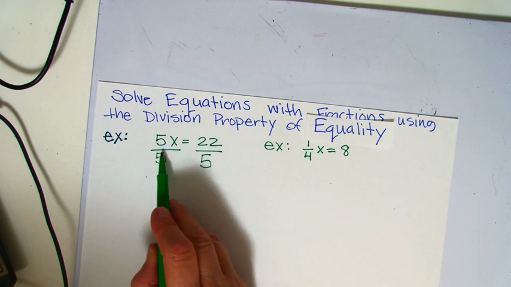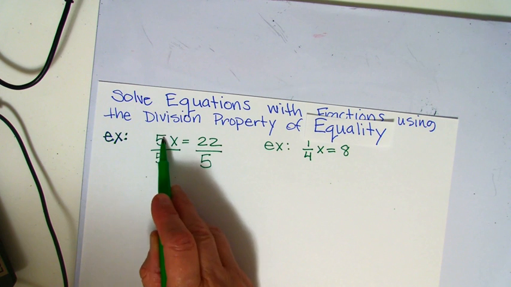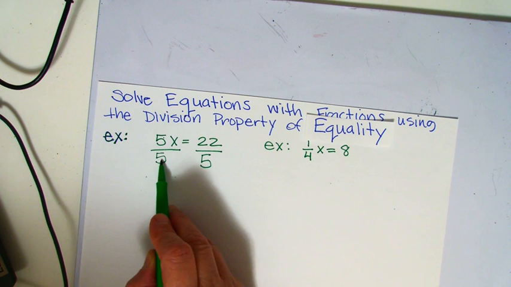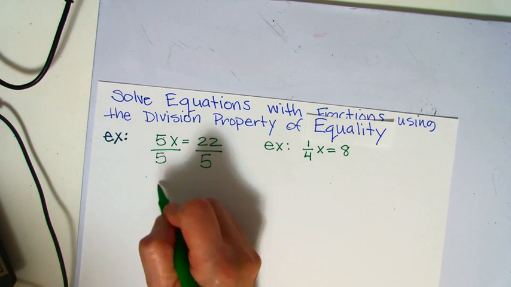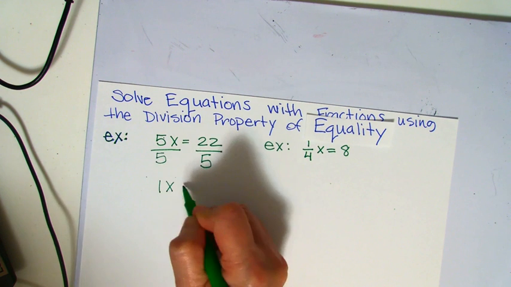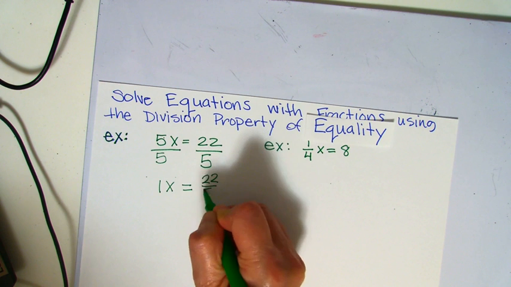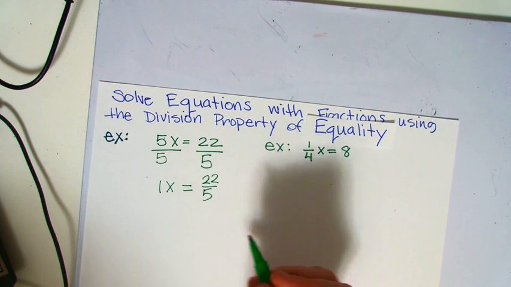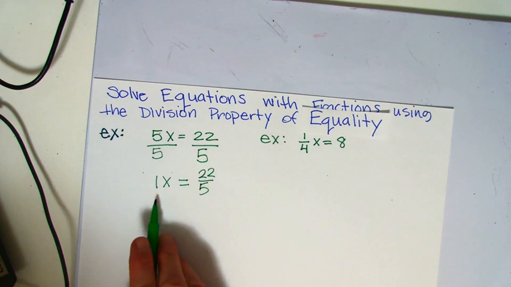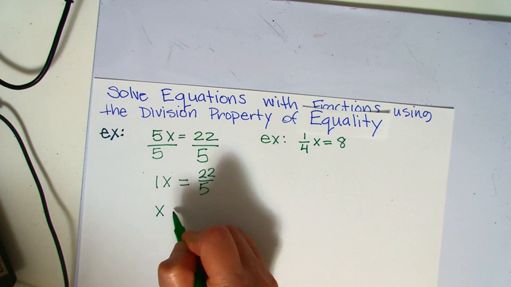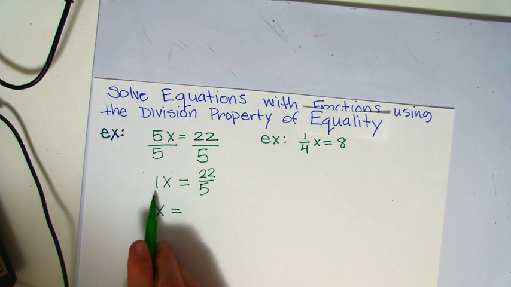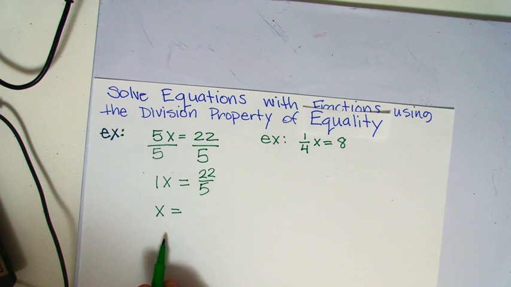We can simplify this by dividing 5 by 5, which will give us 1x equals 22/5. Now 1x is really the same thing as x, and we don't write that 1 as a coefficient. We just write it as x.